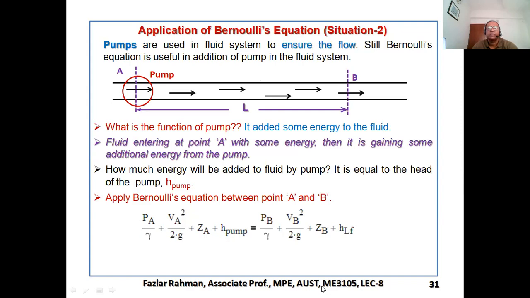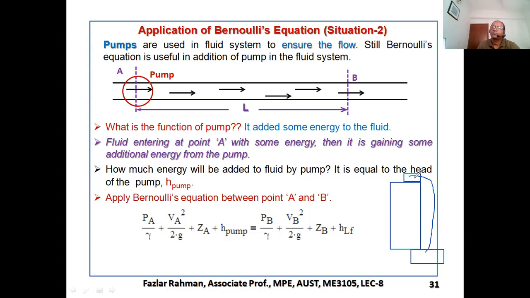One thing we need to know is how we can apply a modification if there is a pump in the fluid system, or a turbine in the fluid system. What does a pump do? It adds energy to the fluid. For example, you are living in a six-story building, and your water tank is on the ground, right? On the roof you have a rooftop water tank, and through a pipe the water from the underground tank goes to this tank.